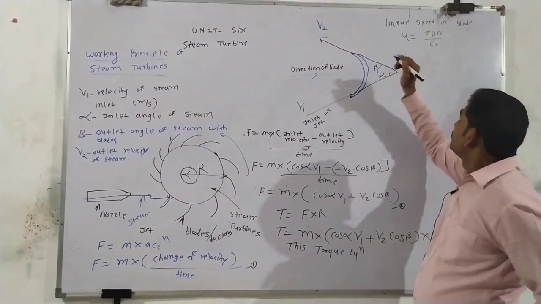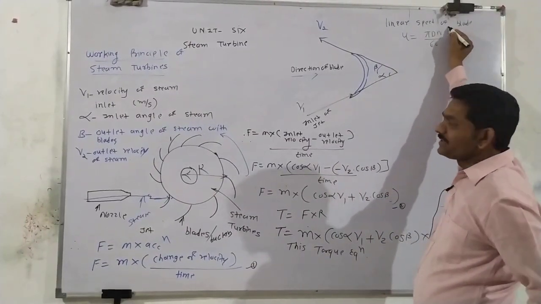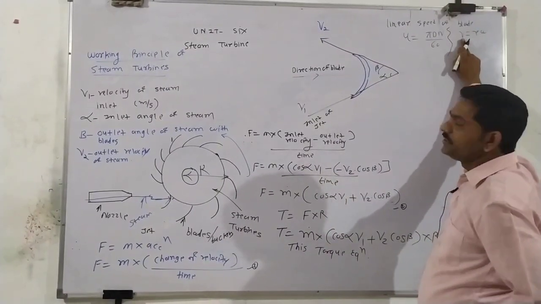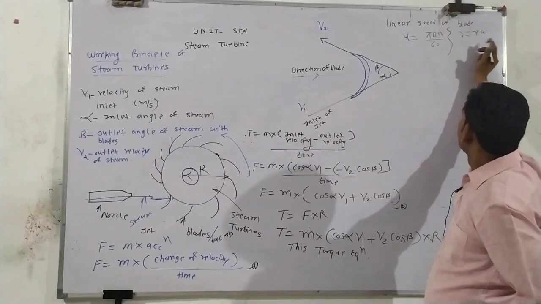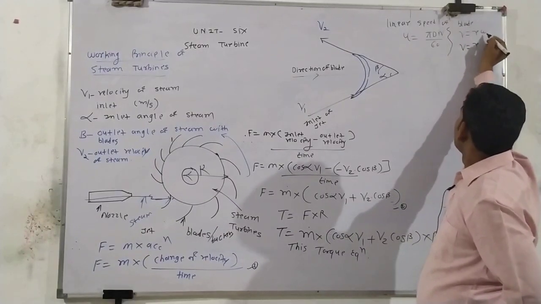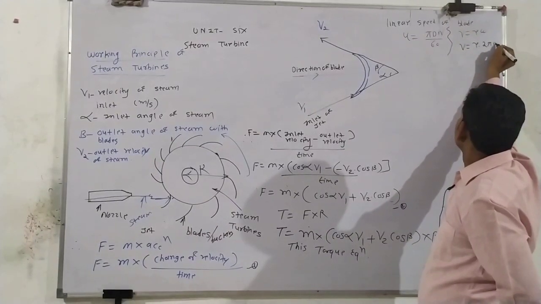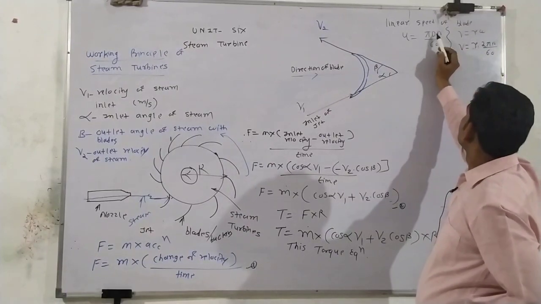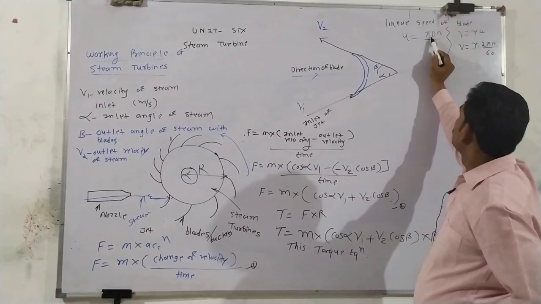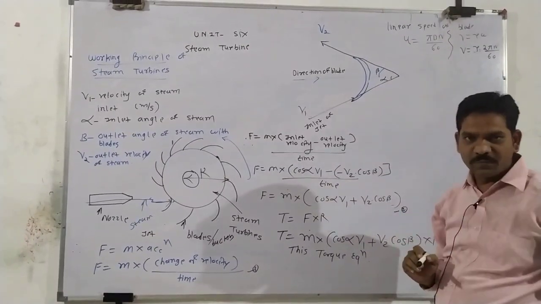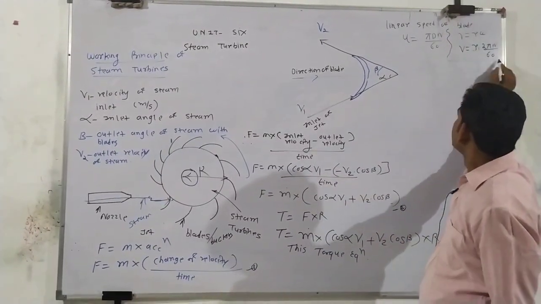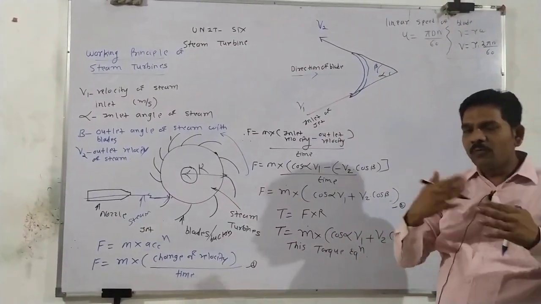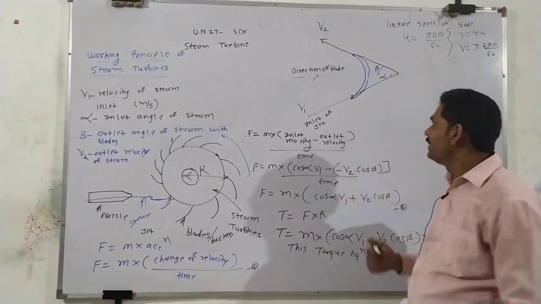This formula is calculated using the standard relation V is equal to R into omega, the relationship of linear velocity to angular velocity. Omega means 2 pi n upon 60. So 2R is nothing but the diameter, that's why I write pi dn upon 60 here. Okay?